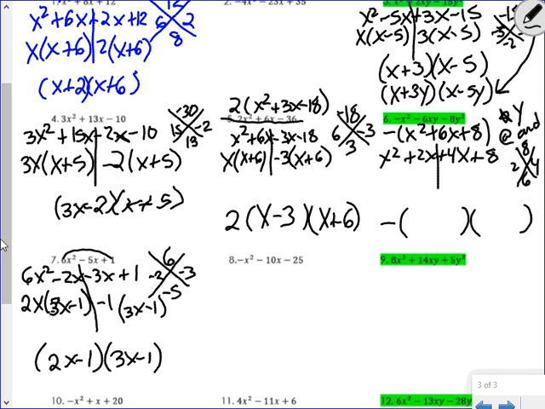Split down the middle. Then what? Okay. And then 2. GCF on the right. 4. That worked out nice. And then how would I write my final answer?